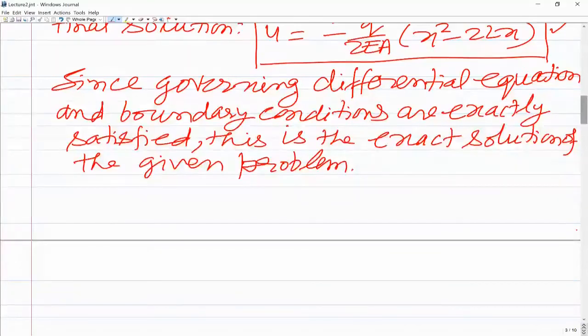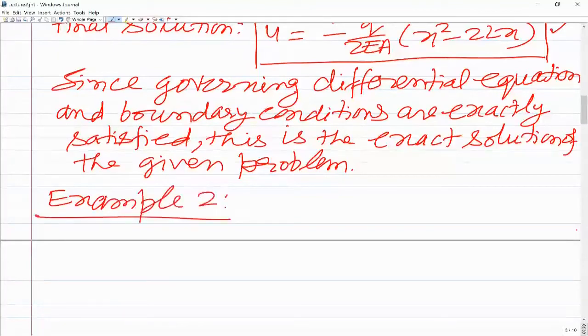Now let me take another example, say example 2. In this case I'm going to take a beam problem. Beam problem means an Euler-Bernoulli beam, and let us say that the beam is simply supported.